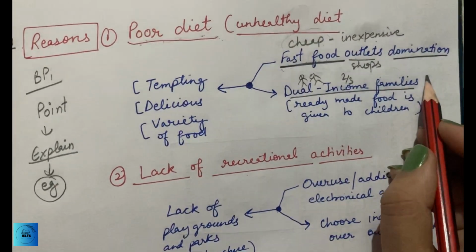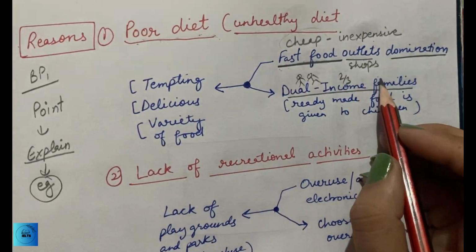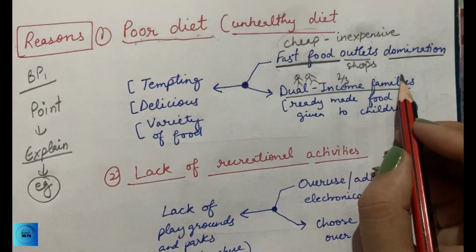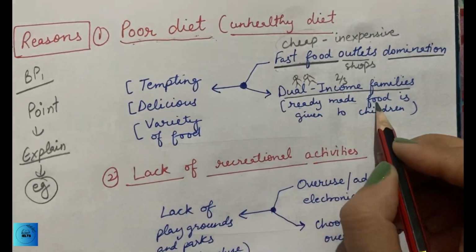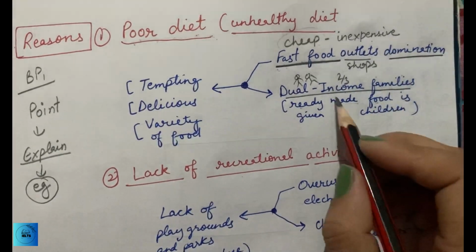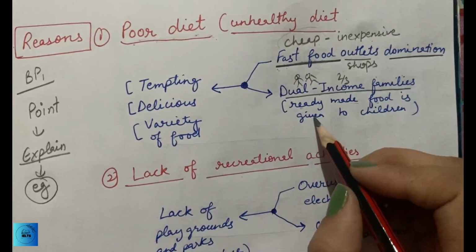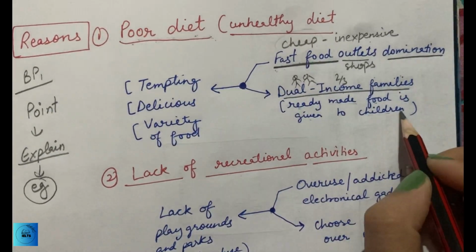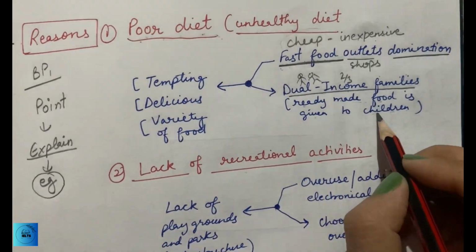Why? Because they want to fulfill their requirements, they want to make both ends meet. So ready-made food, frozen food, instant food, these options are more suitable for hard-working parents, so they prefer to feed their children with ready-made food instead of preparing the traditional homemade food.